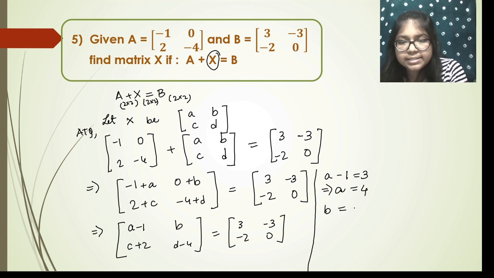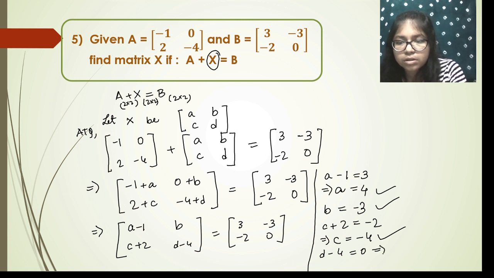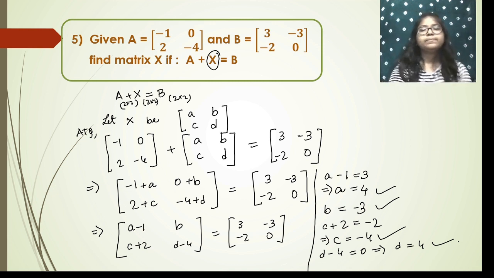B is minus 3. Third equation, C plus 2 equals to minus 2. C is minus 2 minus 2, which is minus 4, and D minus 4 equals to 0, or D equals to 4. Okay.